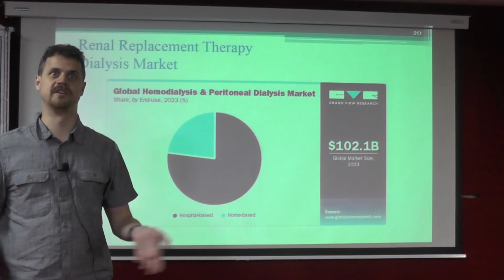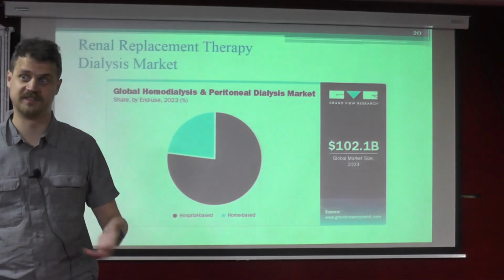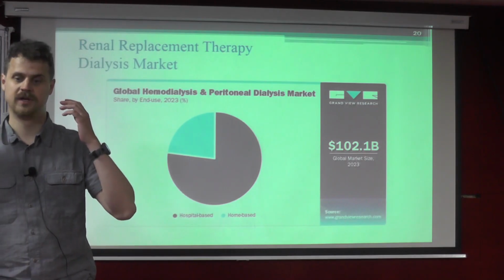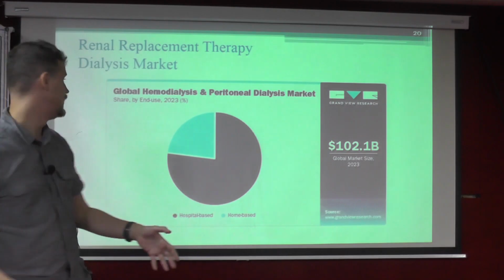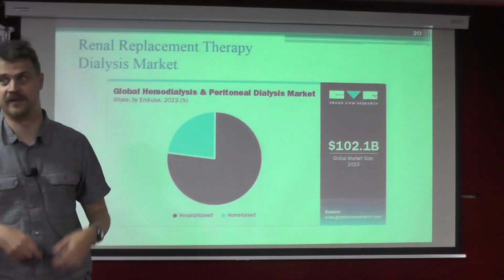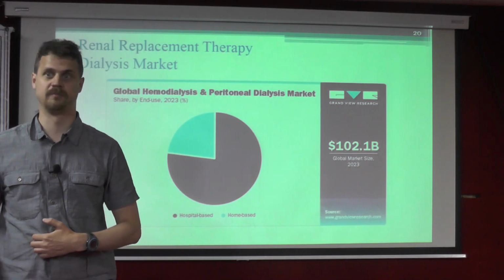So in order to increase the quality of renal replacement therapy, one of the trends is an attempt to turn renal replacement therapy into a home-based procedure that will increase the quality due to the ability of the patient to perform it daily.